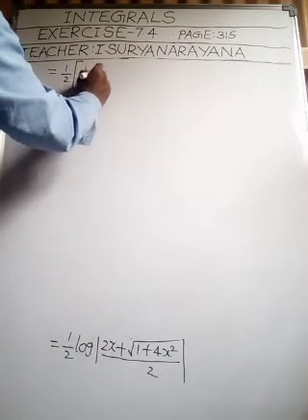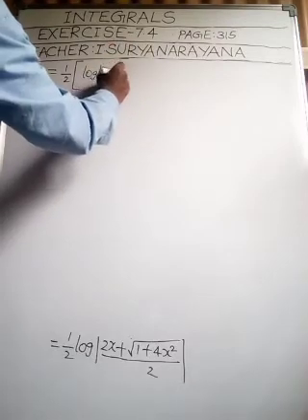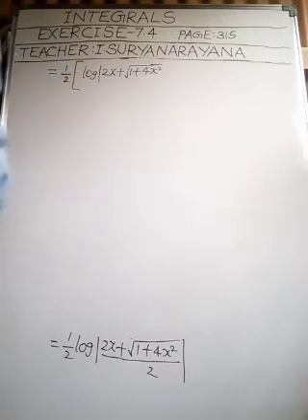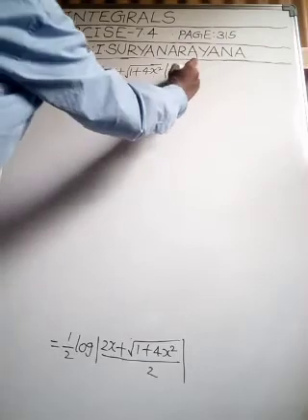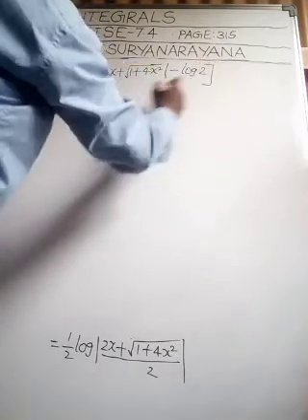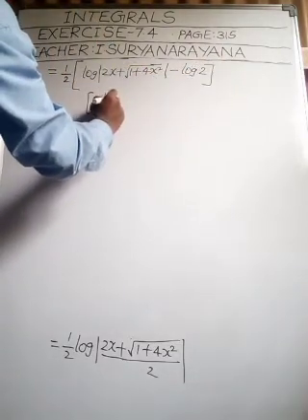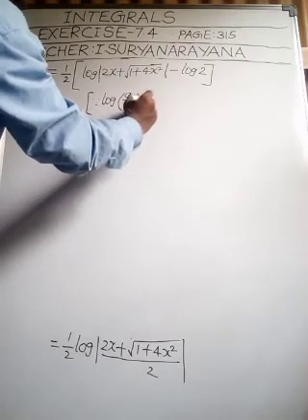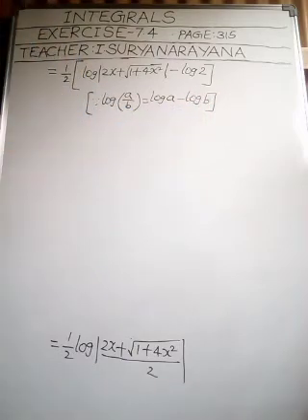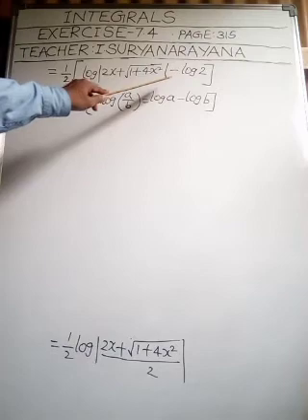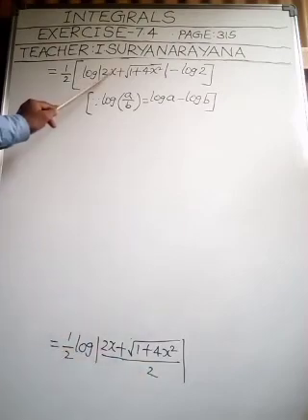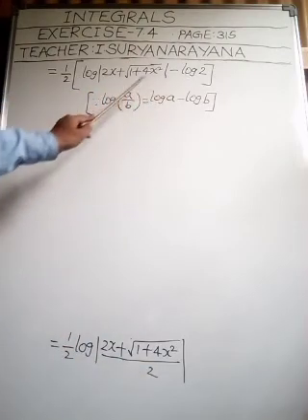So log mod of 2x plus root of 1 plus 4x square, minus log 2, because log a by b is equal to log a minus log b. By using this logarithmic property, we wrote this step, where a is equal to 2x plus root of 1 plus 4x square and b is equal to 2. So log a minus log b. Understood this step, my children?